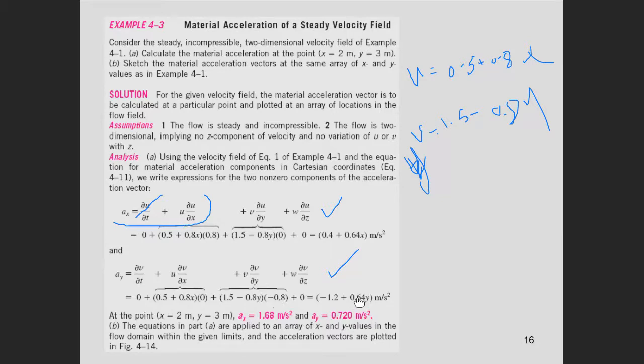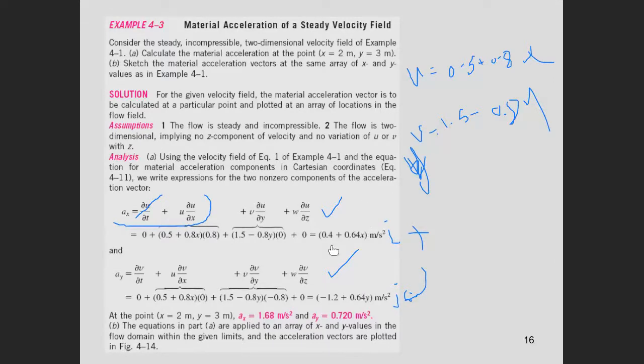Therefore, you have an expression for the acceleration, which is equal to this I plus this J. If he asks you to calculate the acceleration at X equal 2 and Y equal 3, just substitute X equal 2 and Y equal 3 in these two. You will get AX as 1.68 meter per second square and AY as 0.72 meter per second square.